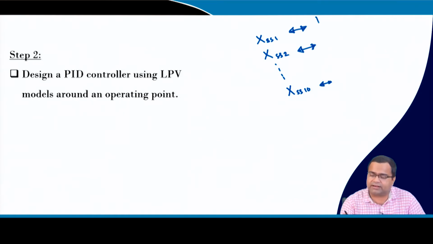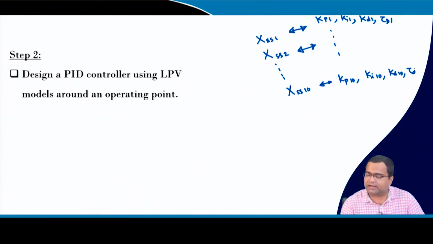That means I can write here Kp1, Ki1, Kd1, tau d1. By that way we can write Kp10, Ki10, Kd10 and tau d10.